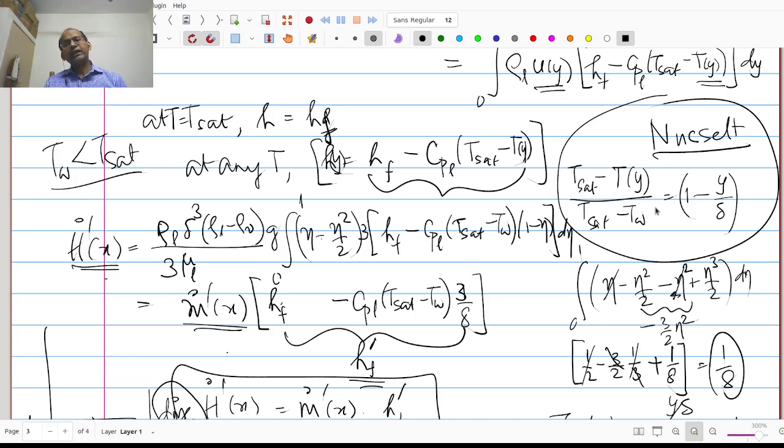So it assumed that from the wall to the edge of the liquid layer, where the wall temperature is T wall and the edge of the liquid layer would be at the saturation temperature because it is in contact with the vapor, Nusselt assumed a linear temperature profile, 1 minus y by delta, for Tsat minus T by Tsat minus T wall.